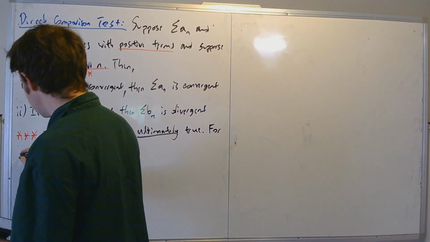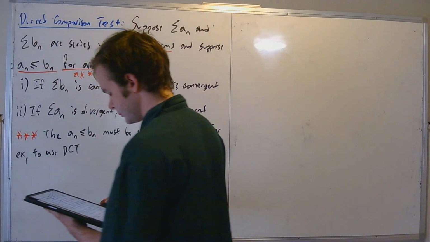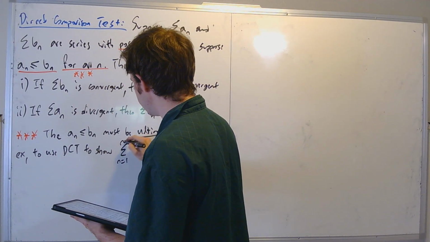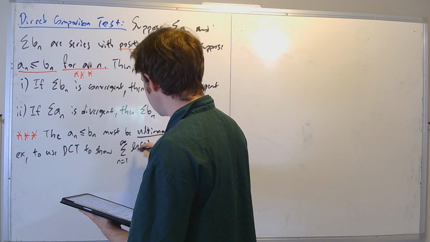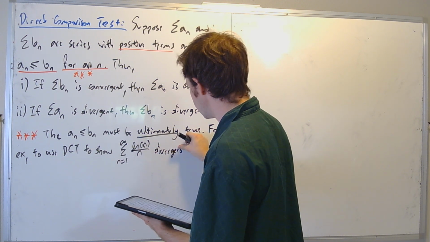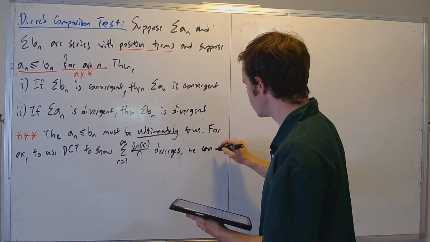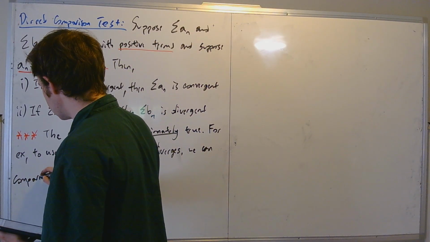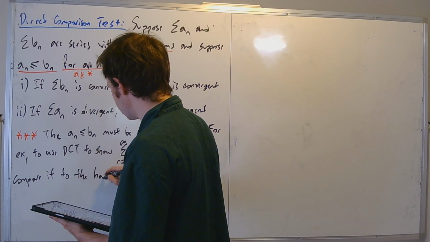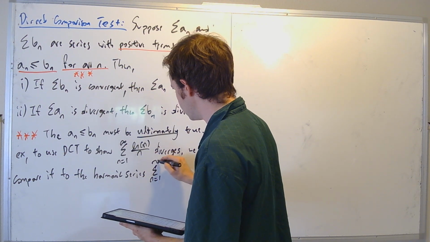For example, to use the direct comparison theorem to show that the sum from n equals 1 to infinity of natural log of n over n diverges, that's what I meant to say there, we can compare it to something else, and let's compare it to the harmonic series, which, remember, we said was the sum from n equals 1 to infinity of 1 over n.